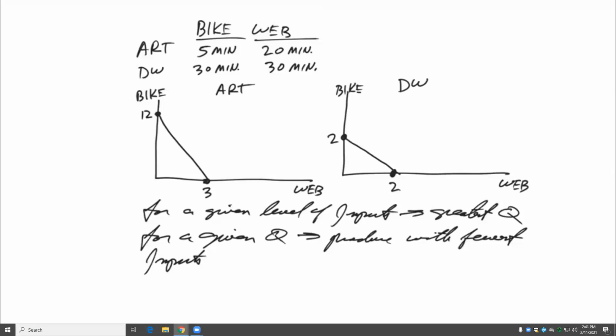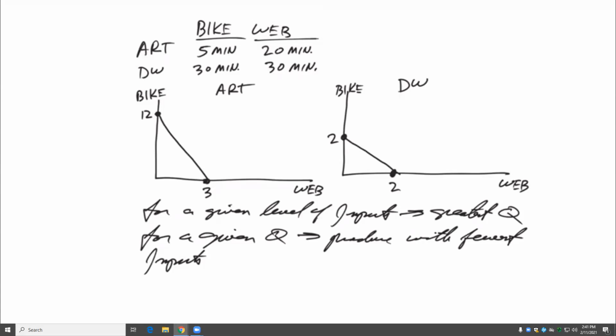Now in the next video, we're going to talk about comparative advantage. Before we do that, you might think that Arthur, because he has the absolute advantage, will not be interested in trading with DW. I mean, Arthur's the best producer. He can produce bikes better. He can produce web pages better. Will he be interested in trading with DW?